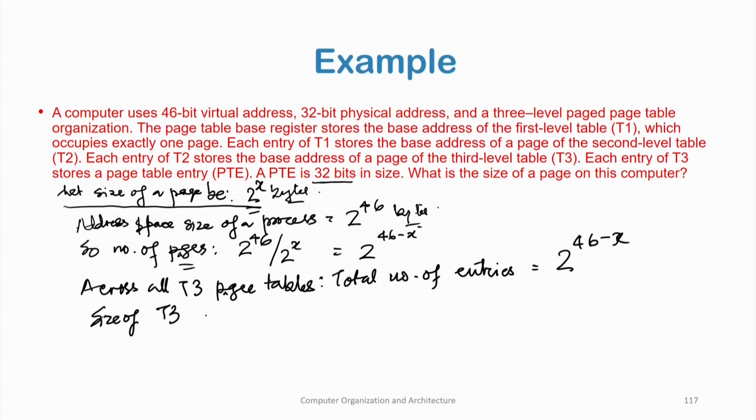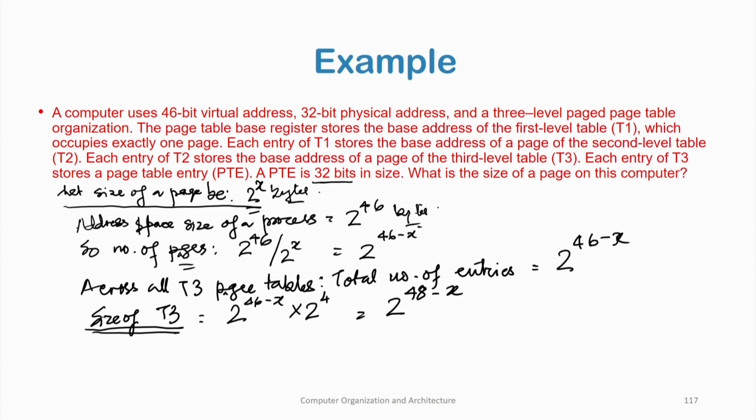Total size of T3 equals what? 2 to the power 46 minus x into 2 to the power 2, which equals 2 to the power 48 minus x. This is the total size of the T3 page tables.